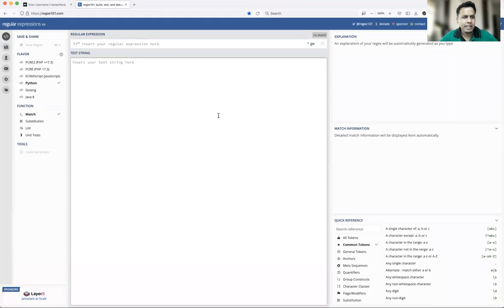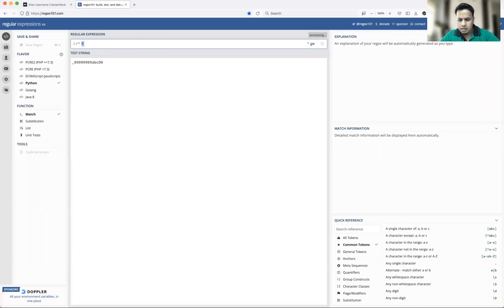Here you write any sequence, and here you can write the pattern. The good thing about this is that whenever you start writing a pattern, it will keep highlighting it, and that's where you'll get to know whether it is right or wrong. On the right side pane, it will show a couple more details.